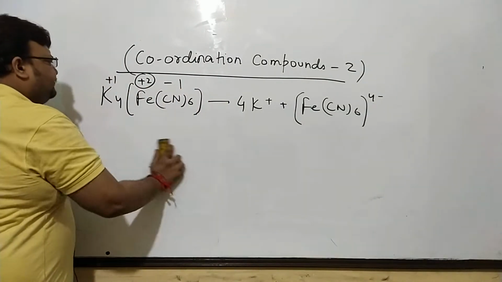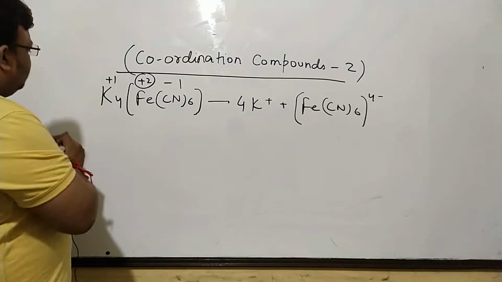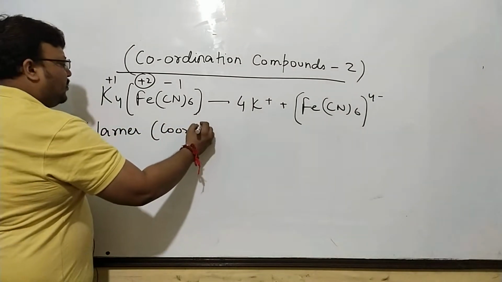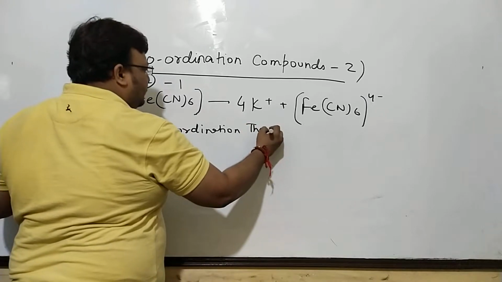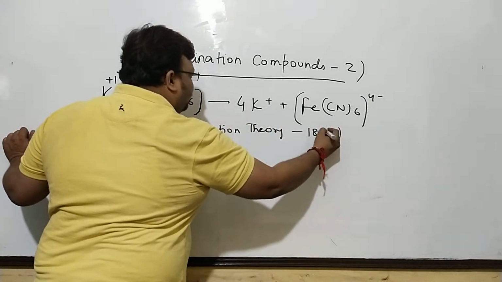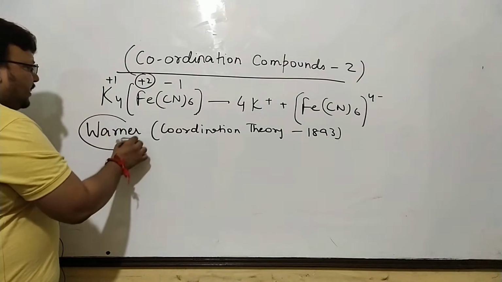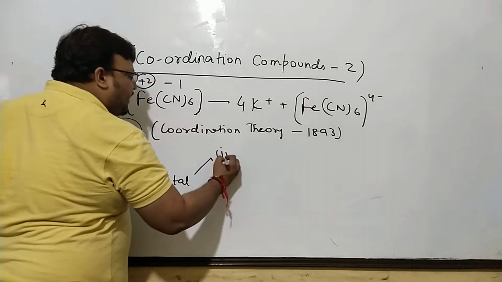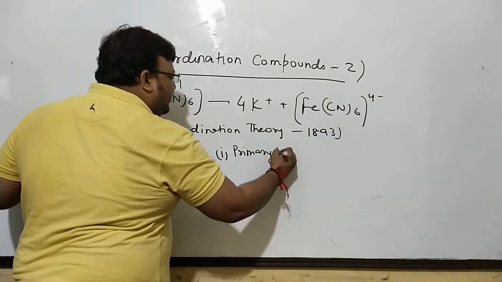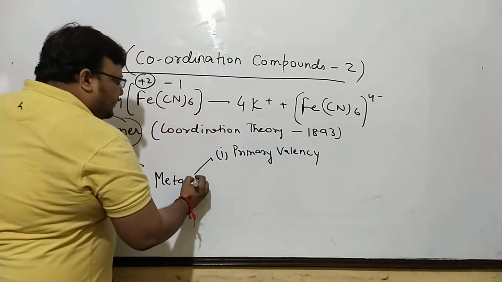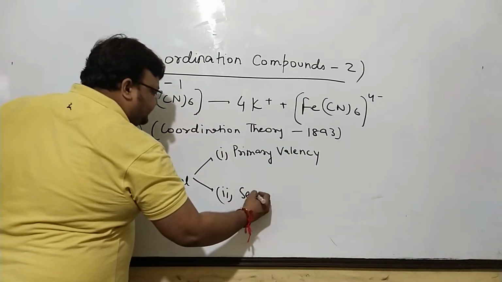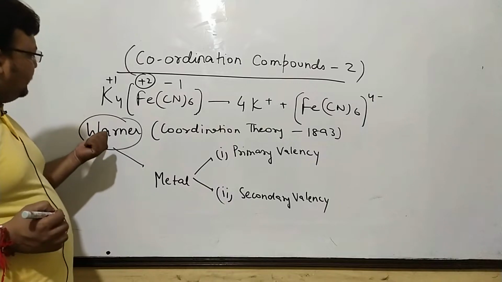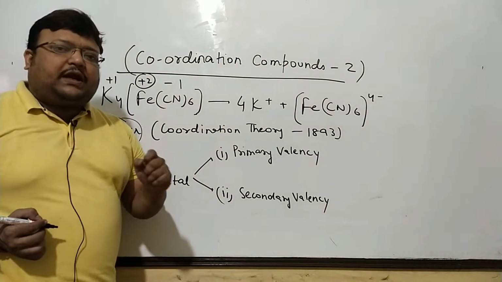This theory, given by the scientist Alfred Werner, is called the coordination theory, and he proposed that every metal has two types of valencies: a primary valency and a secondary valency.